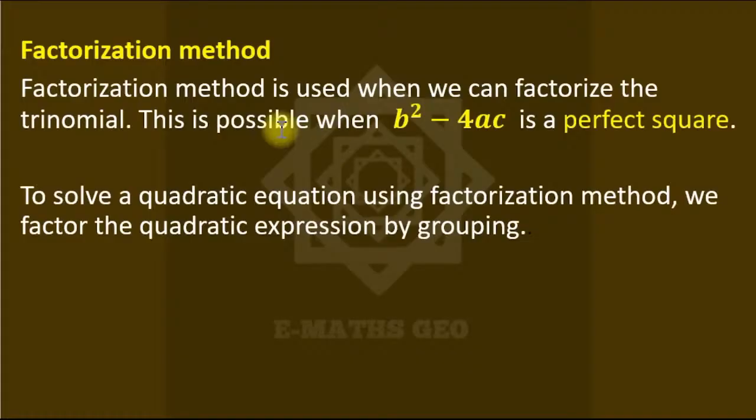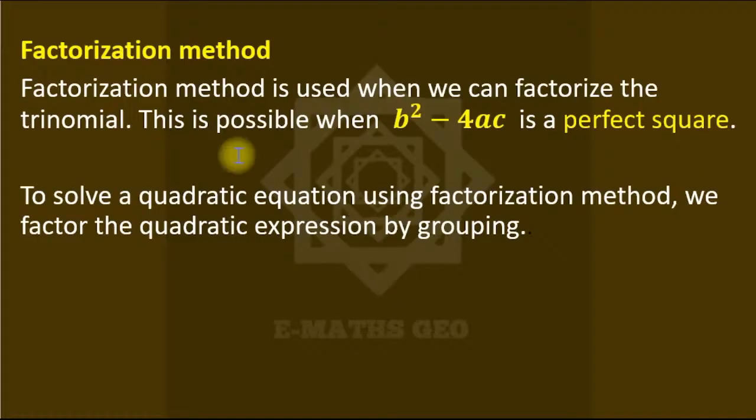How do you know that the quadratic equation can be solved by factorization? If b squared minus 4ac is a perfect square. A perfect square is a number that has a rational square root, a number that can be written as the square of a number itself.